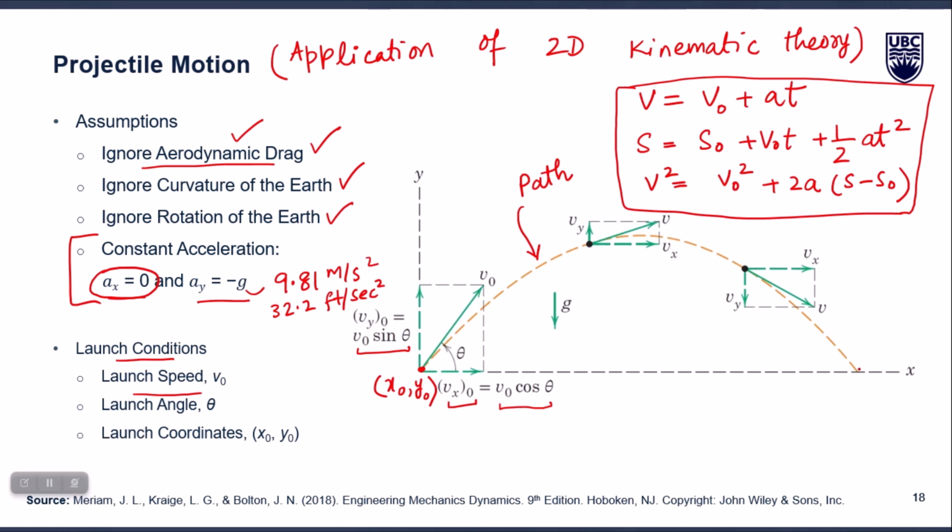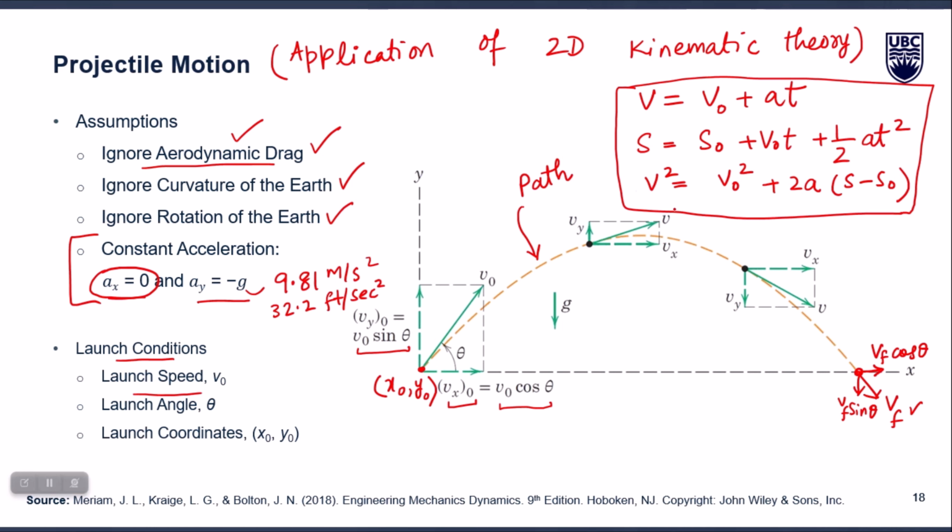So exactly at the point of impact, you will be having some v, let's call it v final, and it also will be having two components, one in this direction, one in this direction. So if this is v sub f, then it will be v sub f cos theta and v sub f sin theta, right? So that will be your final velocity or impact velocity, right?